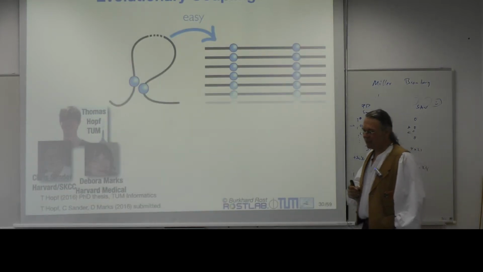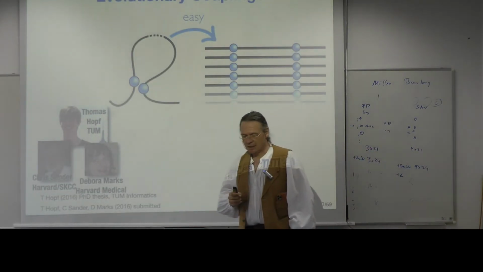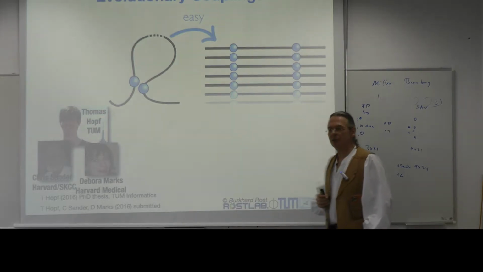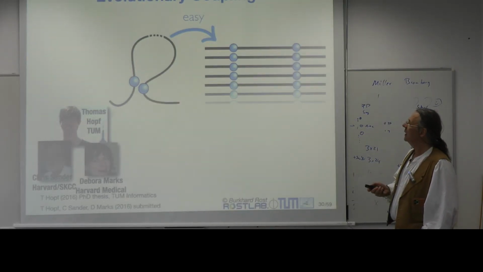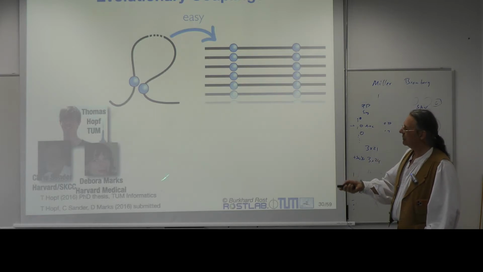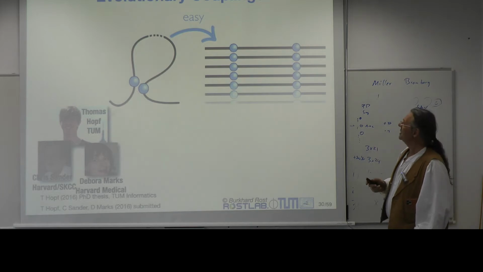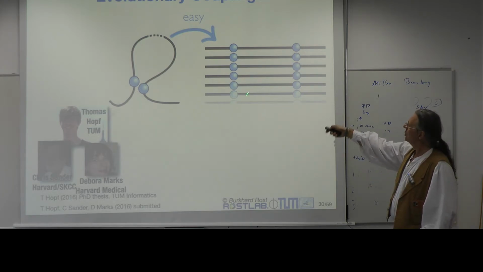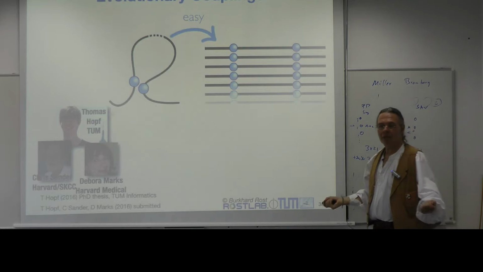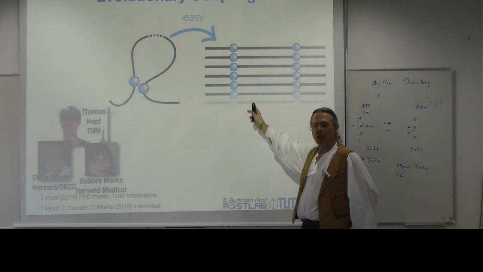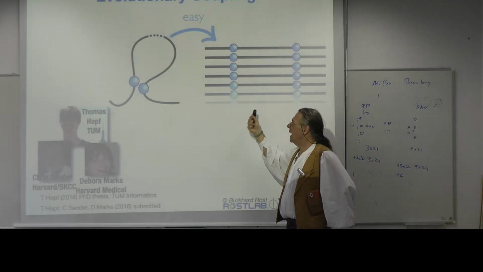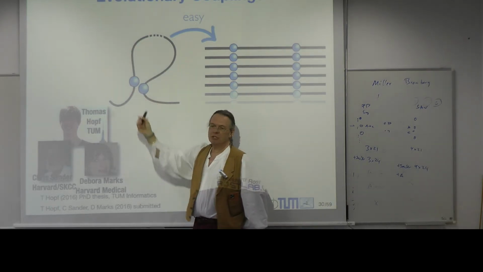Here is another idea, and that's the idea of evolutionary couplings, briefly introduced in the context of contacts, originally published by Thomas Hopf in the group of Debbie Marks and Chris Sander. So the idea is the following. We have 2 columns here, so 2 amino acids, at particular points in the alignment, and they sit close in space.